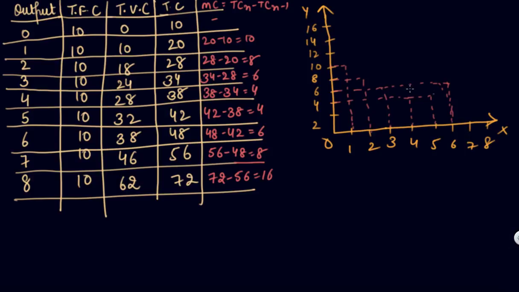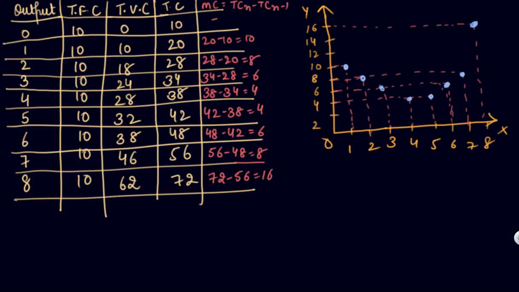Then it is 6 at output 6, then 8 at 7, and then it is 16 at 8. So what are the points we've got? This is point 1, this is 2, this is 3, this is 4, this is 5, this is 6th point, this is 7th point, and this is 8th point we've got.